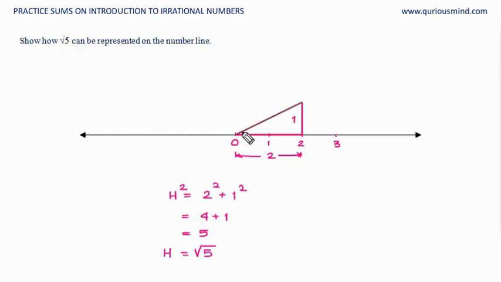And now if I draw an arc of length equal to this hypotenuse, this arc is going to cut this line here, and that is going to be our root 5. This point is going to be our root 5 on the number line.